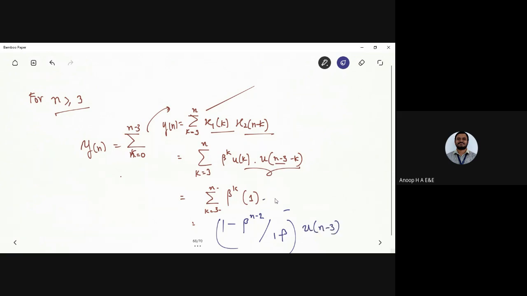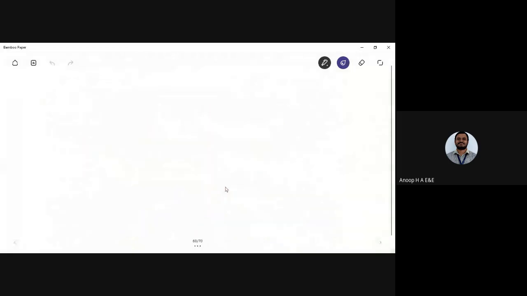So instead of this, if you have this term, you will have a shift in time, so this is the value where you can write it for n greater than or equal to 3. So this is the equation where y of n is given by 1 minus beta power n minus 2 divided by 1 minus beta, and I'll have u of n minus 3.